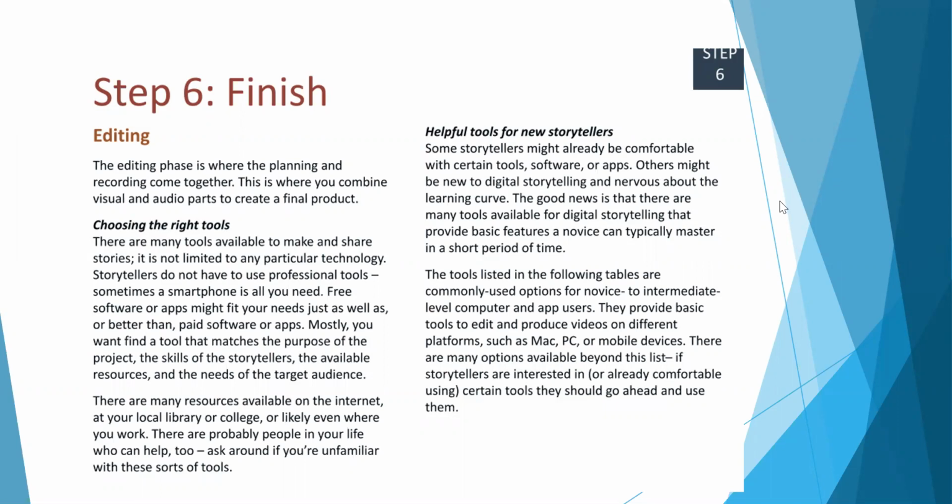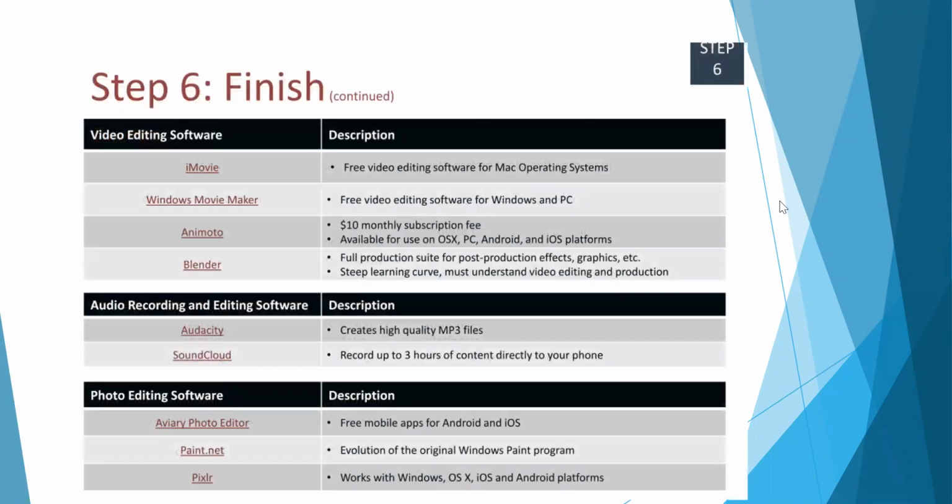So here's a helpful tip for you. These video editing, audio recording, and photo editing software programs are free, and sometimes they have premium costs, but mostly their basic effects are available for free, and you can use them in order to create digital stories.